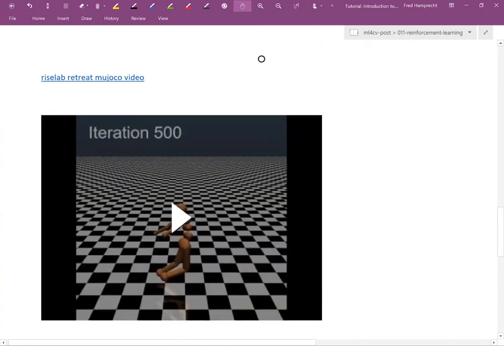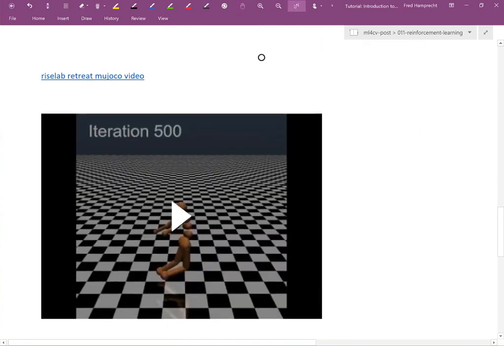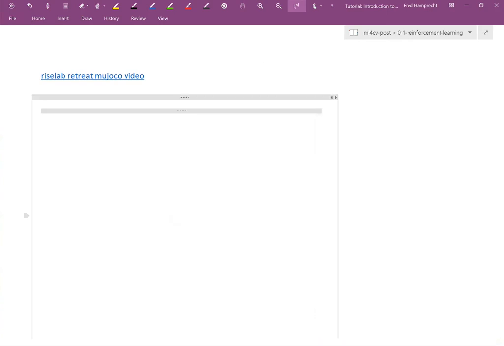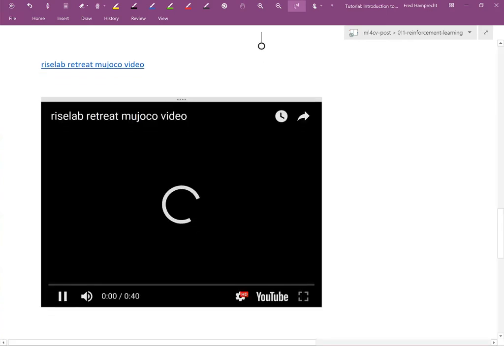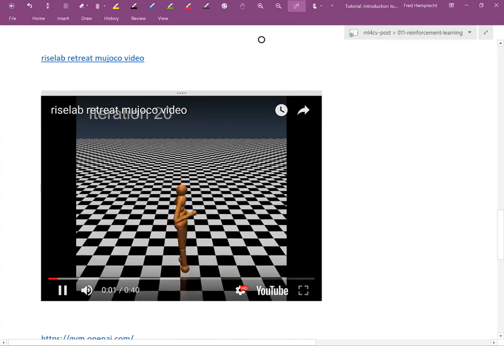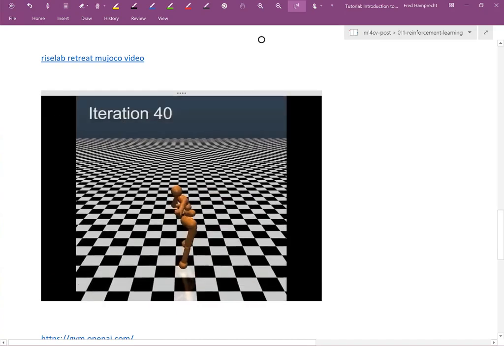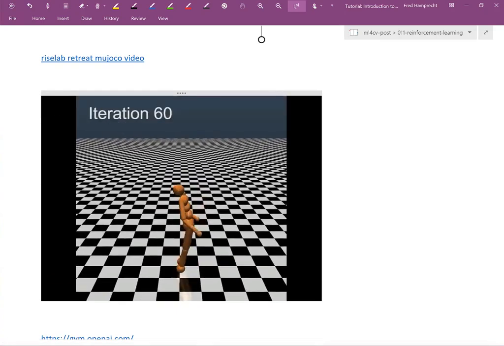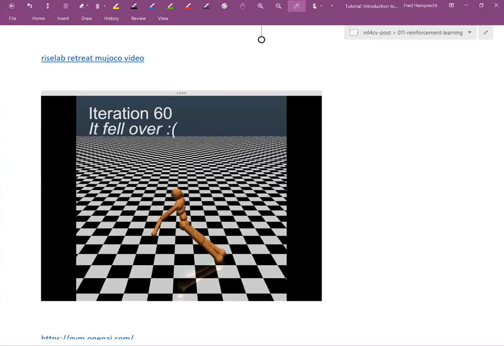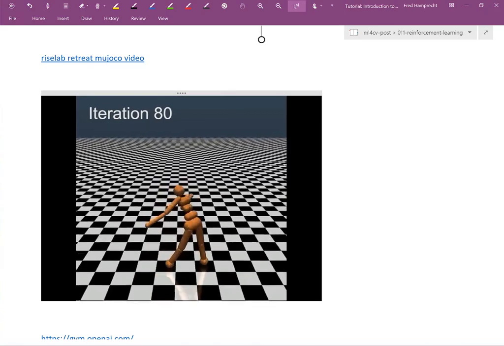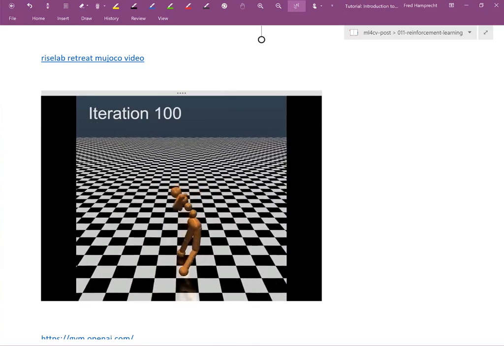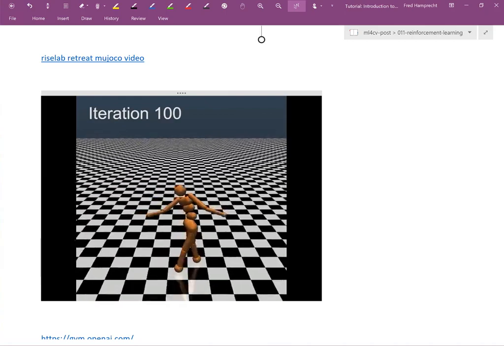And then let me show you some more successes. So this is from a paper, maybe this was 2015. Robots learning to stand up and walk. And so the robot knows something about its state.